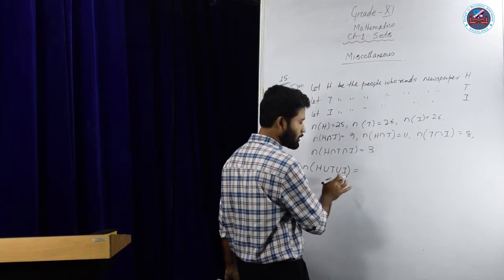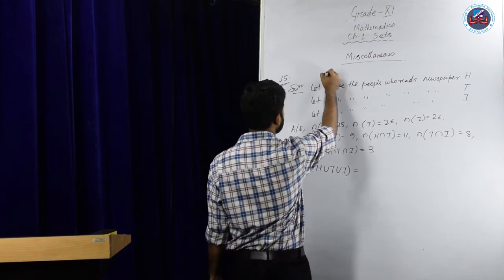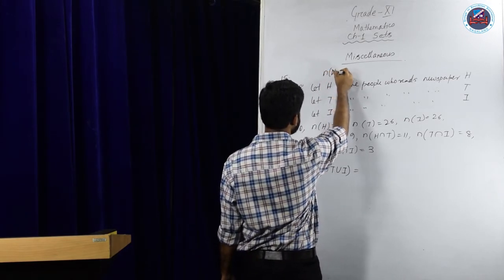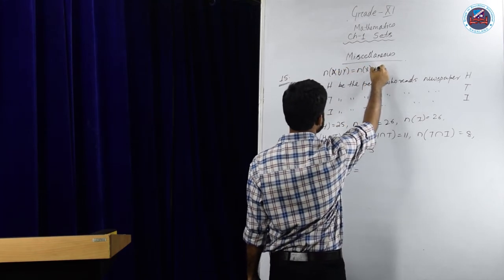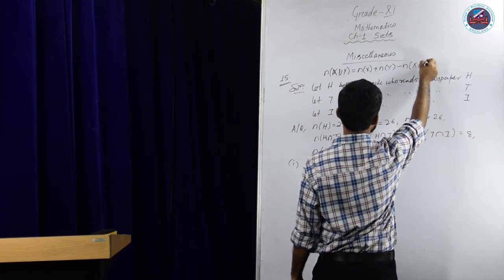So what is the formula? From the previous theorem, we have seen that n of x union y is given by n of x plus n of y minus n of x intersection y.